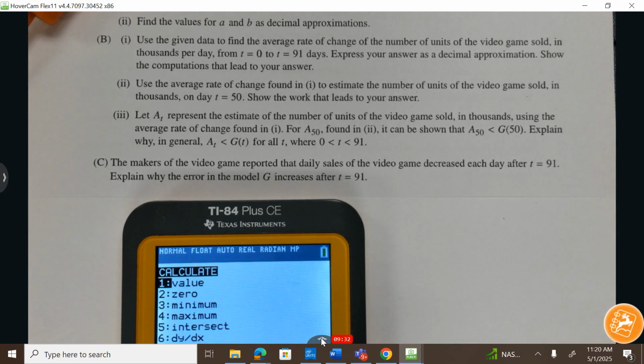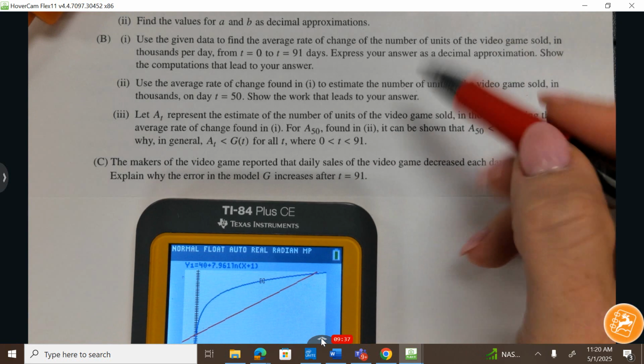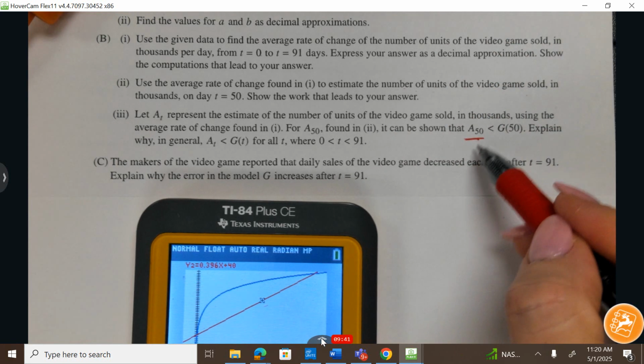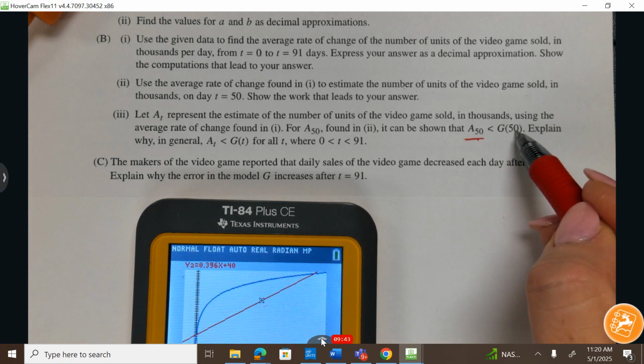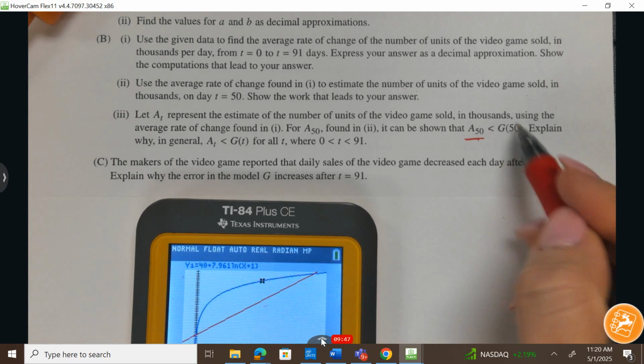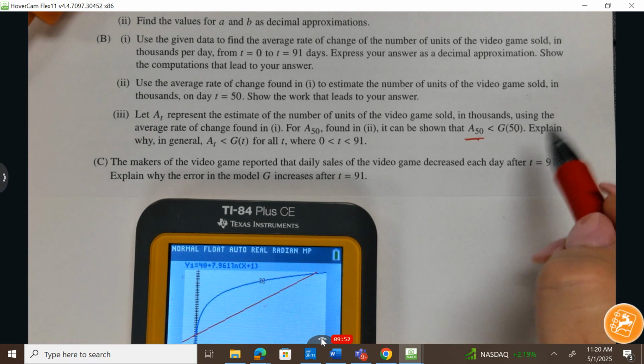Oops, so sorry, second trace value at 50. So it's saying right here that using this secant line model produces a lesser output value than the initial model that tells us in thousands how many games are sold on a particular day after the initial day of sales.